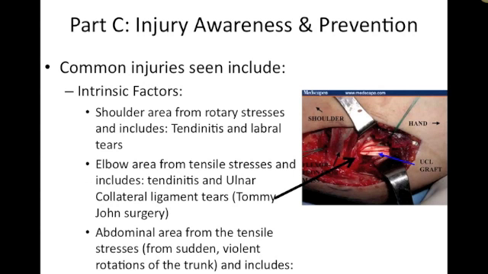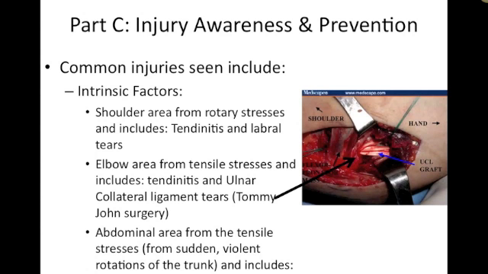All right, well, let's take a look at a few intrinsic and extrinsic factors that occur in injuries related to pitching. First off, let's take a look at some intrinsic factors. Specifically in the shoulder area, there is a lot of rotary stress that can occur, and usually the injuries that present themselves are tendinitis and labral tears.